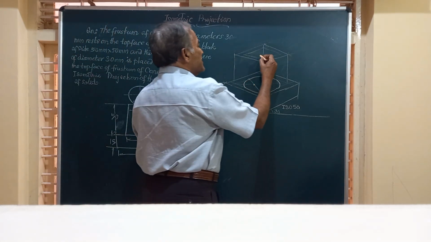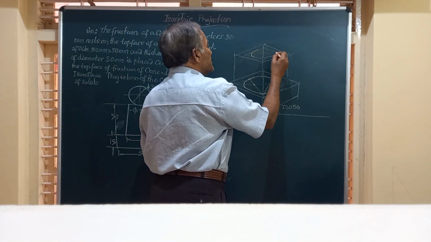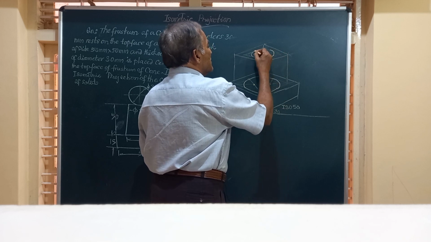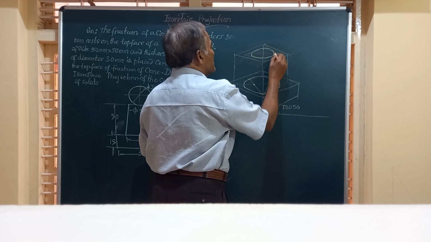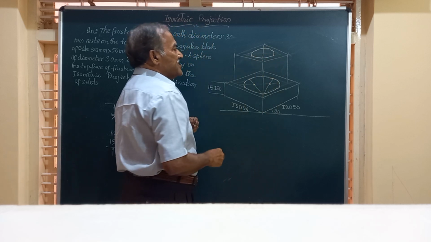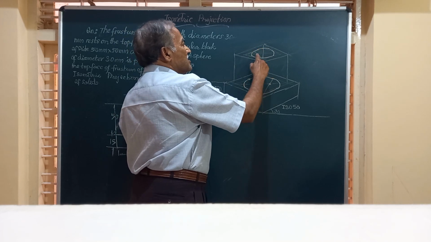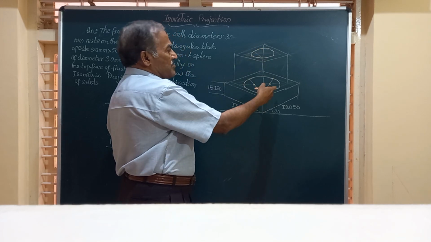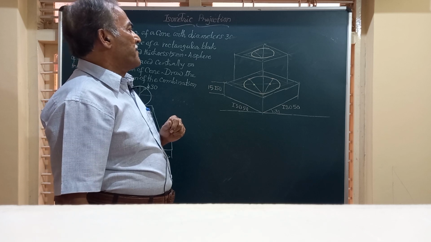So using 4 center method, friends, I am going to construct an ellipse here, and then an arc like this. So this has got the 4 centers, center C1, radius this much, an arc similar to what we have done here. We have drawn there, friends.